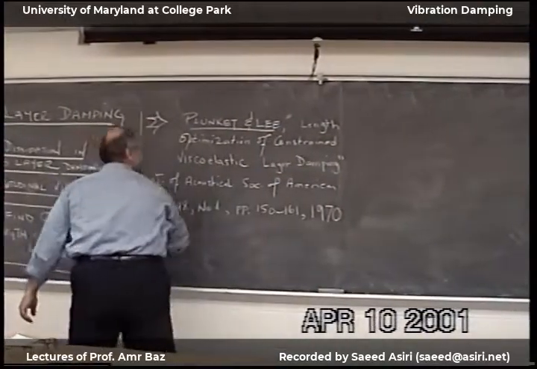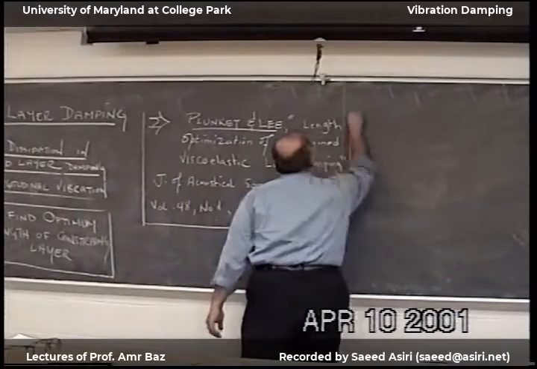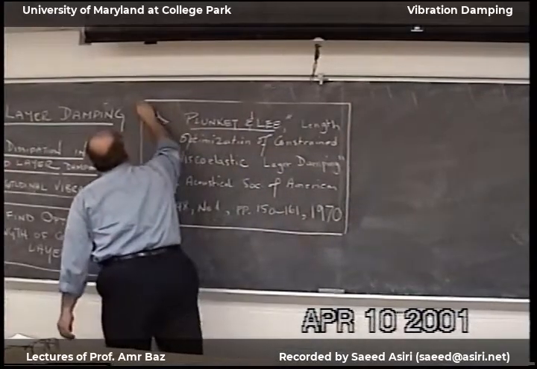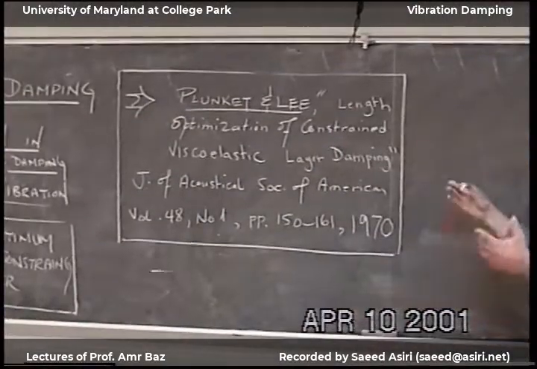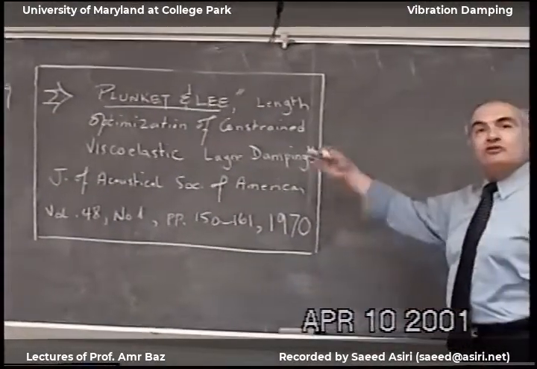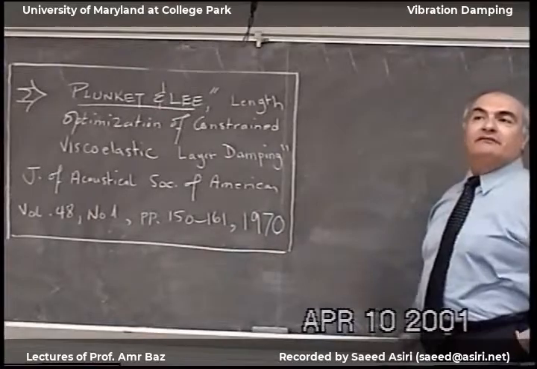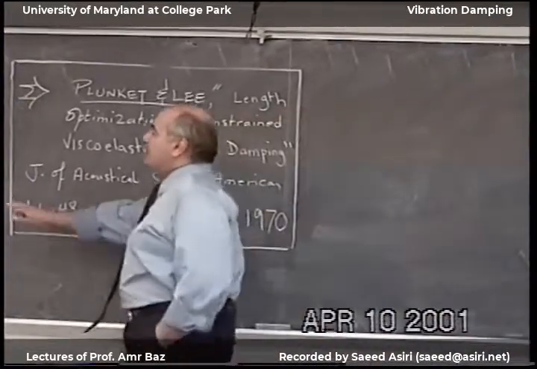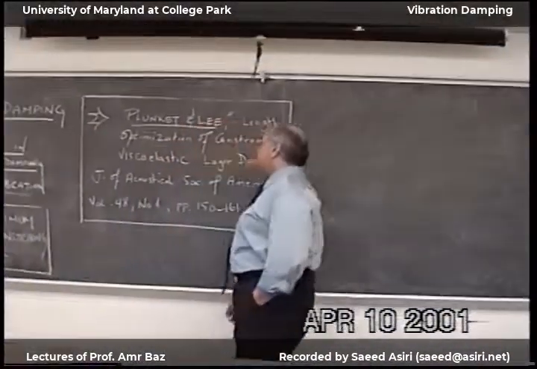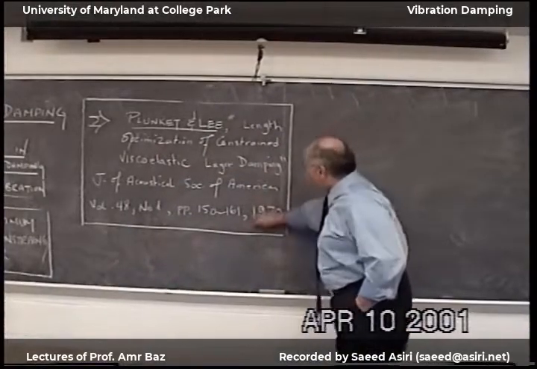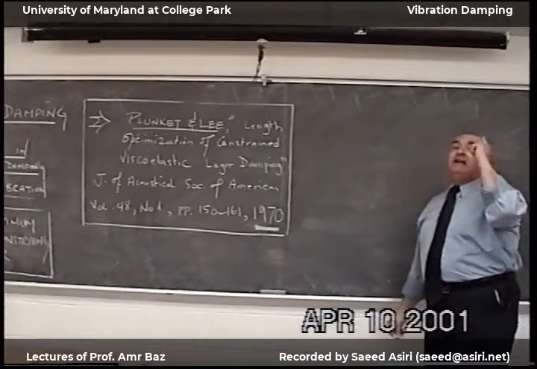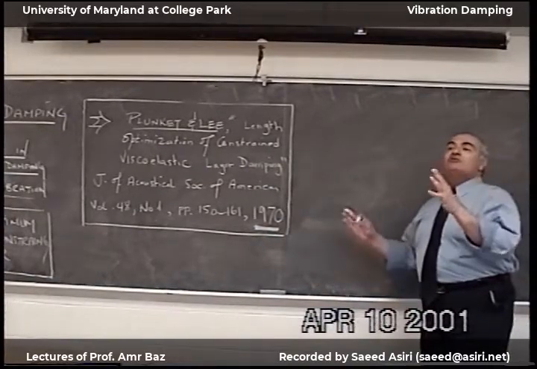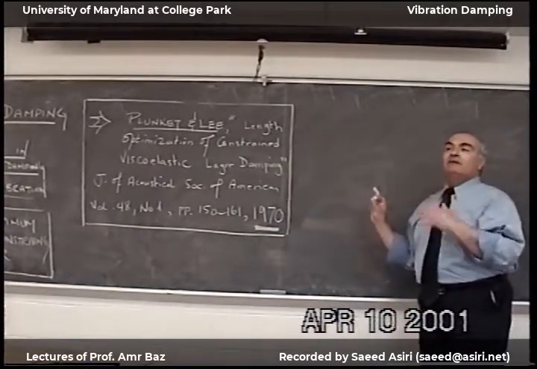This paper talks about this case, and I will show you at the end that we can also use it if we have bending or transverse vibration acting on beams. And this paper is, in spite of the fact that it is 30 years old, the only reference now that you can use to design constrained layer damping.